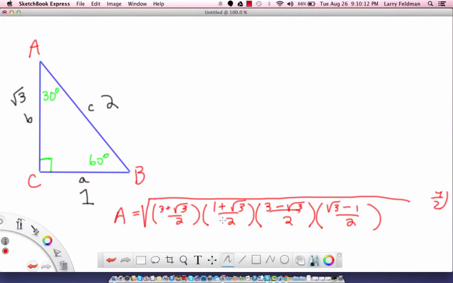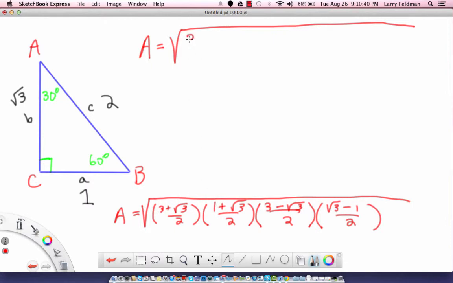Having a little trouble here with my software. Okay, let's come back up to the top. Area equals square root, and then we've got a lot of things to multiply. Let's multiply the first two terms by FOILing.